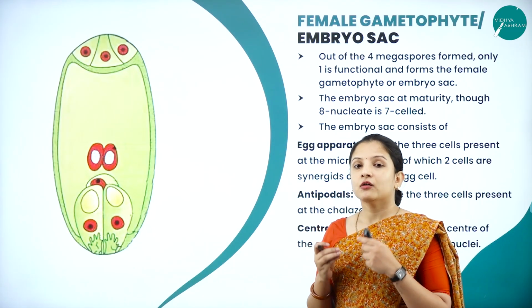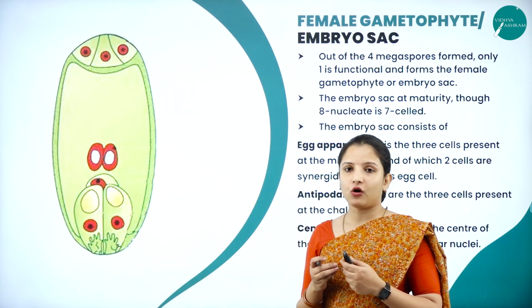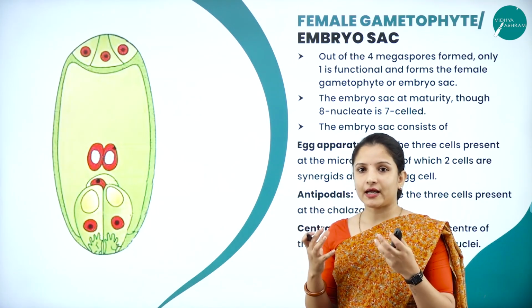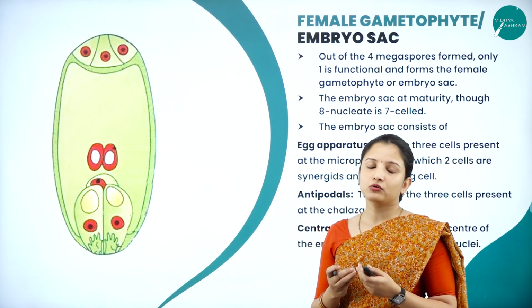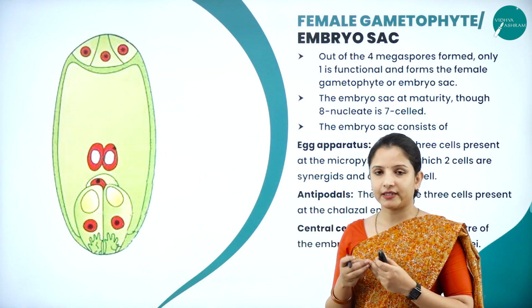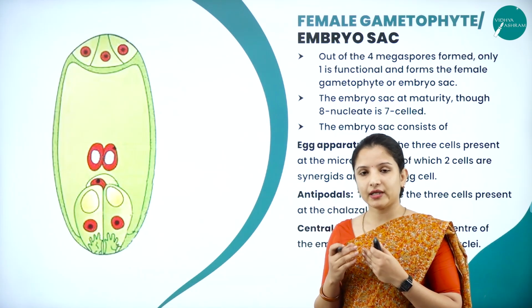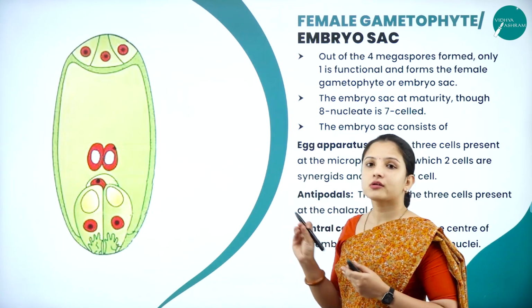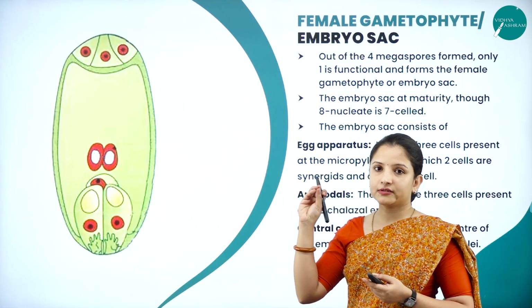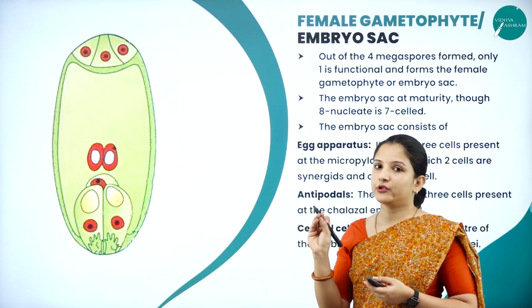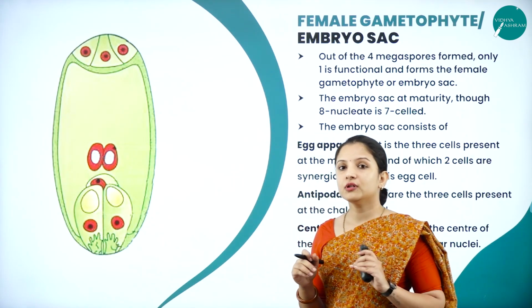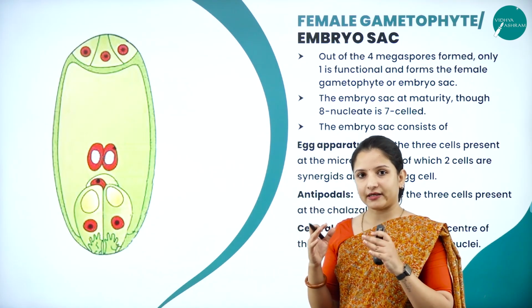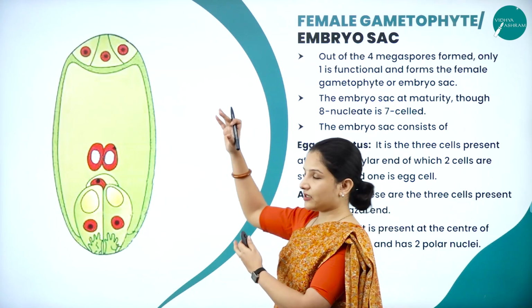Inside the embryo sac, what all are the structures that are present? We will study. Why is it important? Because if you need to clearly learn about the pre-fertilization events that occur inside the female gametophyte, then it is important for us to first understand the structure of the female gametophyte or the embryo sac. I told you the ovule has a micropylar end and a chalazal end. So this is the inverted form.